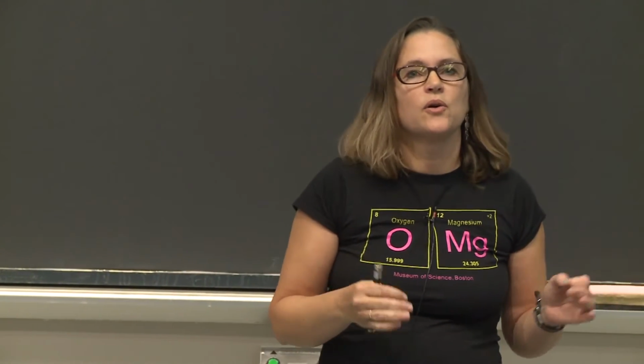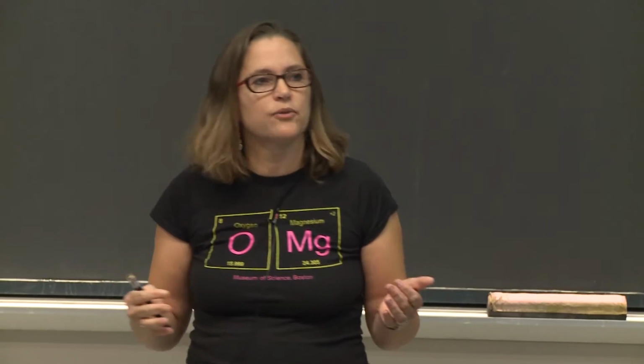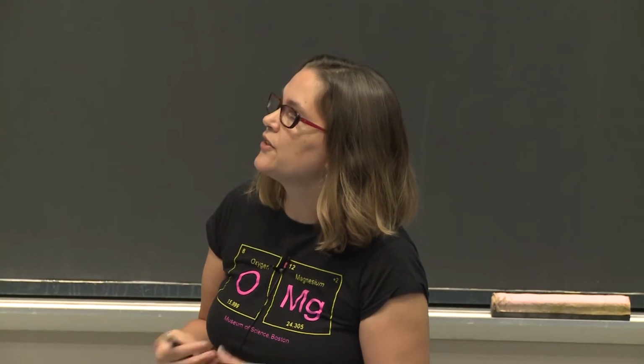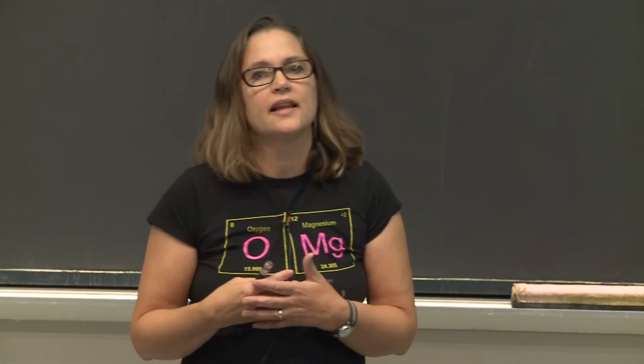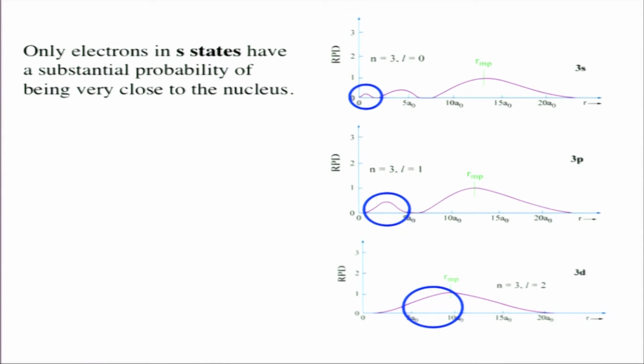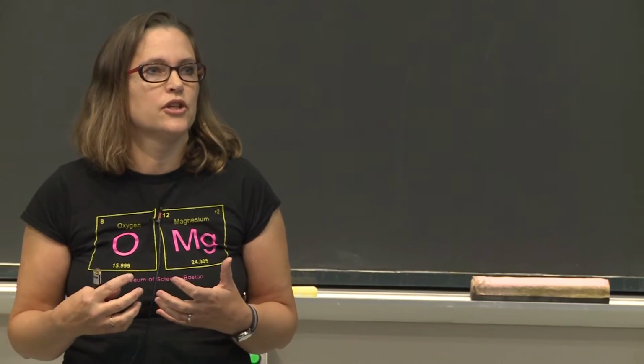All right. So there's something that's a little counterintuitive when it comes to this size issue, and that has to do with how this correlates to the amount of shielding, and as we see later, to the energy levels. So only electrons in the S state here really have any kind of substantial probability that they'll be close to the nucleus.